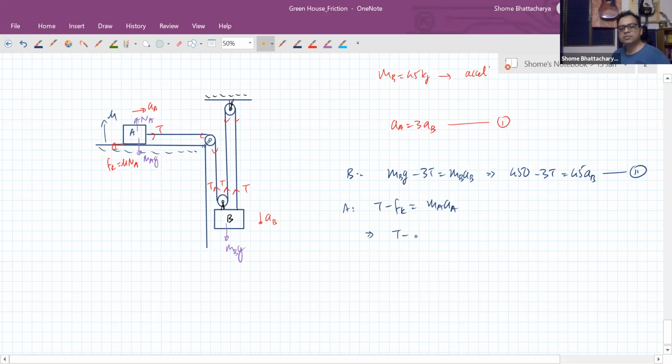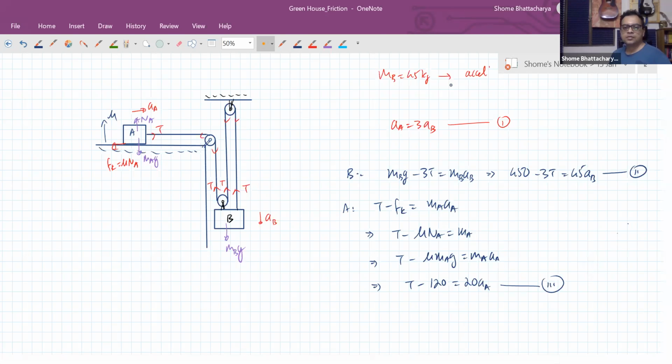So that is tension minus mu N, so tension minus 120 is equal to 20A. So that is my third equation. Is this clear so far? Yeah, friction will be this.